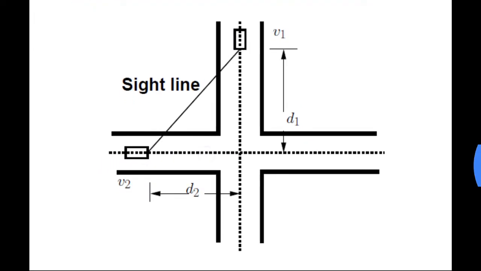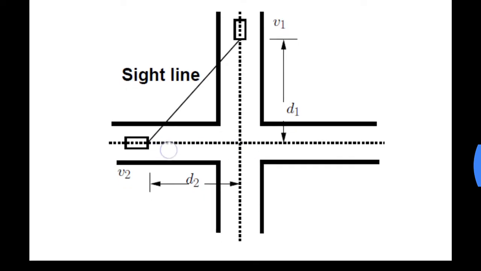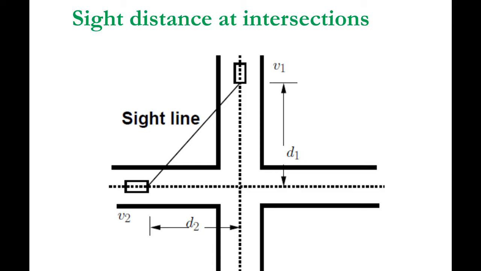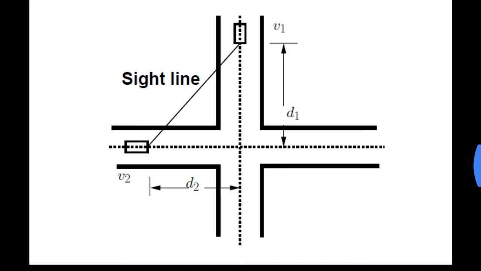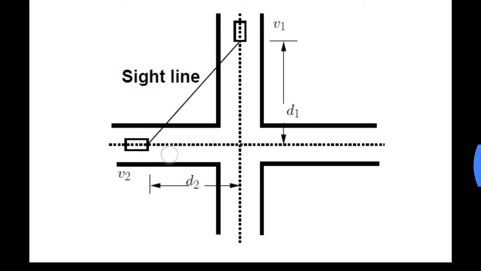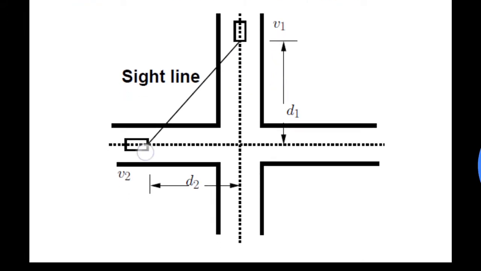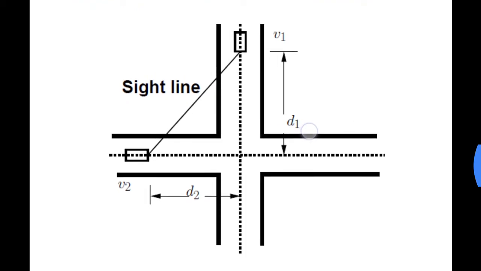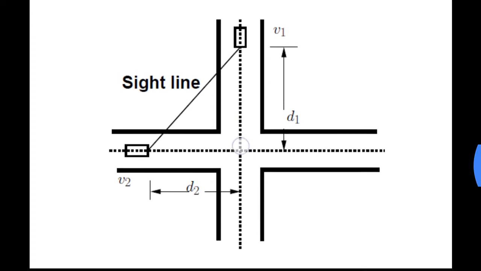They are driving into an intersection, and the distances available for them to stop are D2 and D1. If this vehicle spots any obstruction at this point, then the minimum distance it will require to stop without collision from the other vehicle is D2. The same for the other vehicle would be D1. If they do not stop within distance D2 and D1, then at this point they would collide.